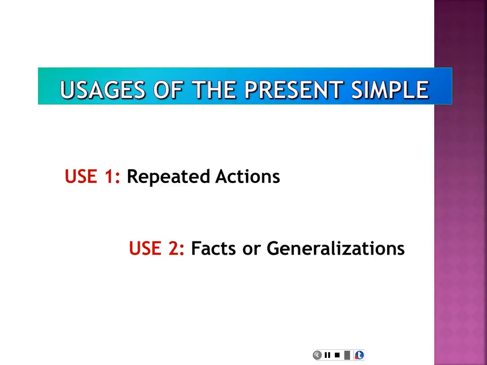Facts هي الحقائق, while generalization, when you make something general, when you generalize, you make a generalization, so it means تعميمات. نطلق تعميمات على أشياء معينة، على مفاهيم معينة، أو على شعوب معينة أو بلدان معينة. So, what are repeated actions? What are facts or generalization? In the next page we will find out what they mean.